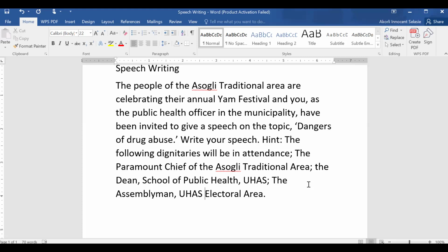If you don't know these things, you may prepare a speech that will demand that you modify the speech before reading it at the program there.